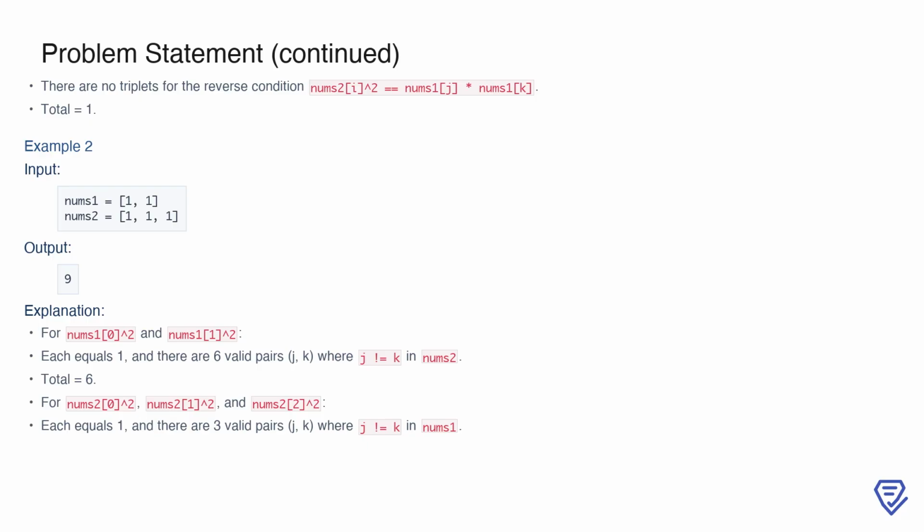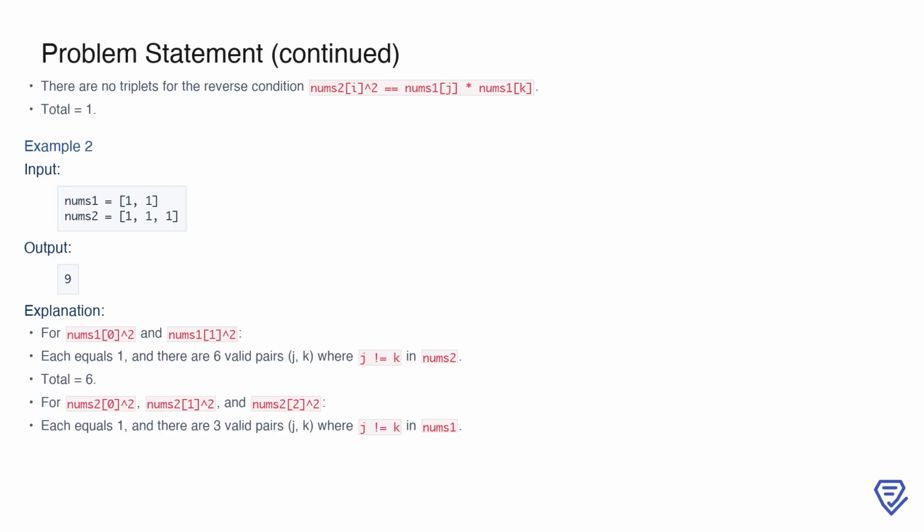Now, let's look at another example to see a scenario where both conditions contribute to the final result. For nums1 equal to [1, 1] and nums2 equal to [1, 1, 1], the output is 9. Here's why. For each element in nums1, the square is 1, and there are 3 valid pairs, j, k, in nums2 where the product is also 1 because all elements in nums2 are 1.